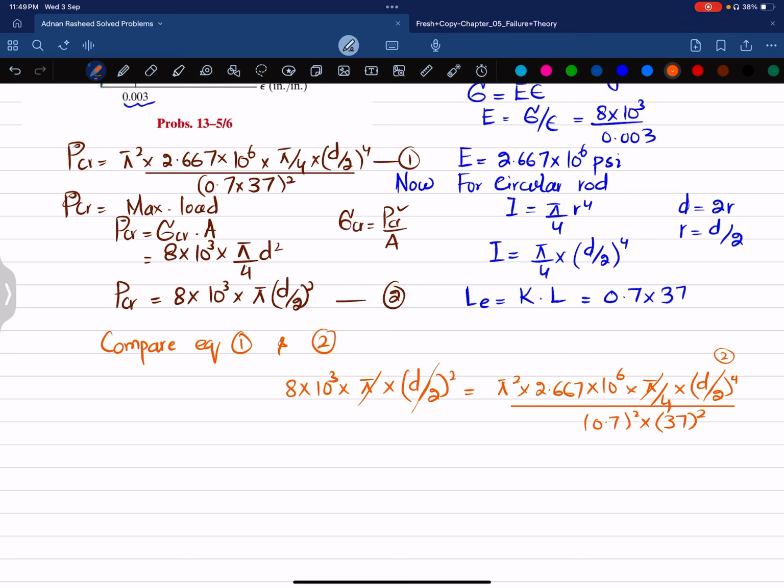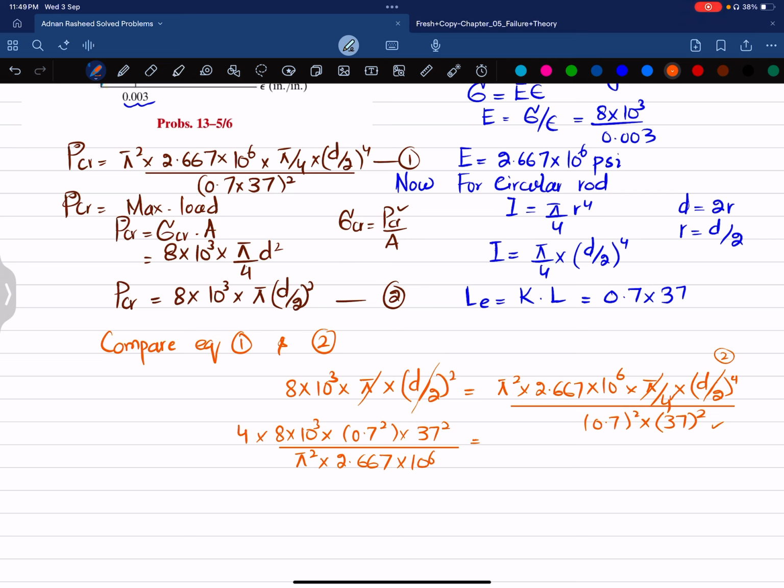So I can write it as 8 multiplied by 10 raised to power 3 multiplied by 0.7 square multiplied by 37 square, divided by pi square multiplied by 2.667 into 10 raised to power 6, is equal to, okay, this 4 will be in the denominator and will be multiplied here.